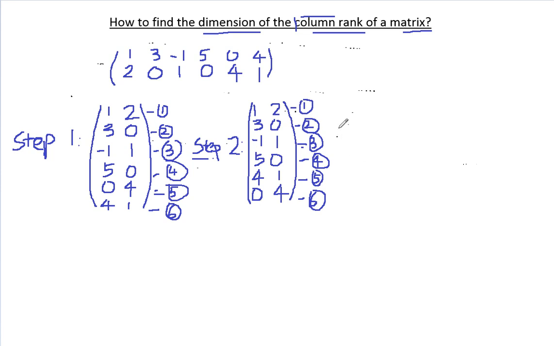So from here it is minus 3 times row 1 plus row 2, and for this one, because it's 1 and 1, it's row 1 plus row 3.